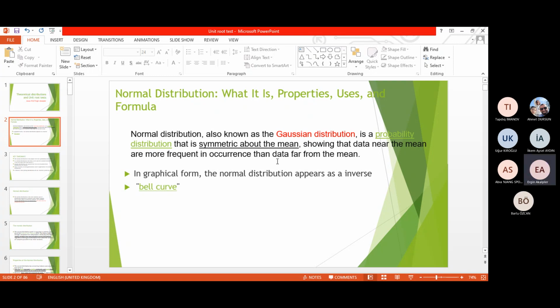The normal distribution, which is known as the Gaussian distribution, is a probability distribution that is symmetric about the mean, as we did in the first lecture, showing that data near the mean are more frequent in occurrence than data far from the mean. In graphical form, the normal distribution appears as an inverse bell shape or bell curve, as I mentioned to you. These are the standard deviations, the two tails mostly accepted and used for these estimations in the unit root.